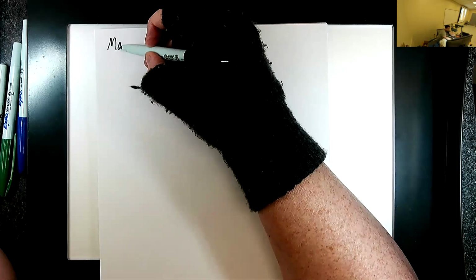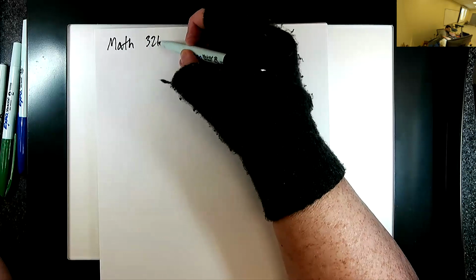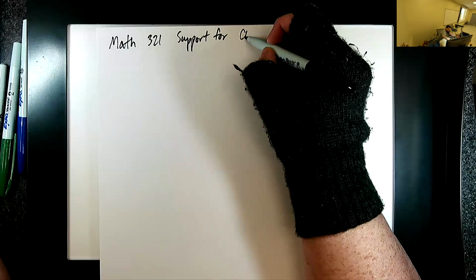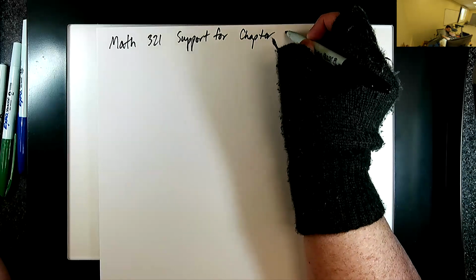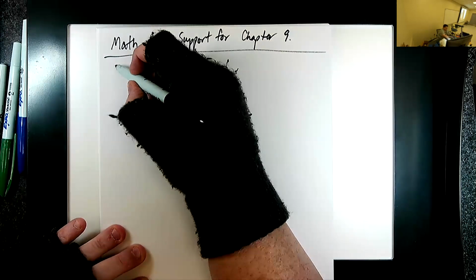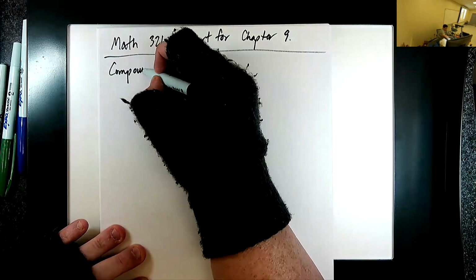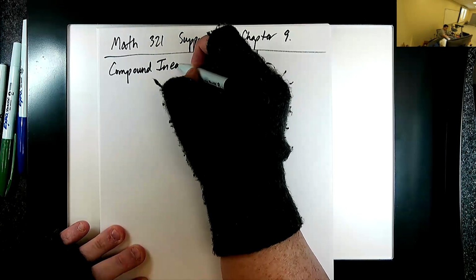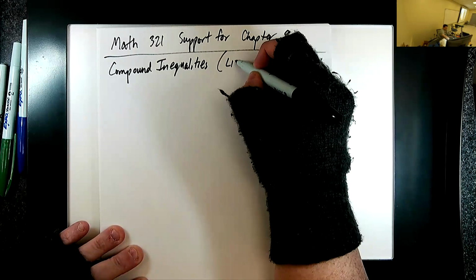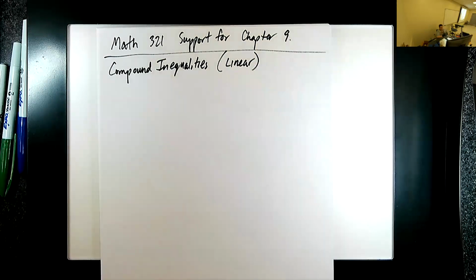But today we got to do support for chapter 9. In this section, it is on compound inequalities. Well, linear inequalities, but still, and compound inequalities. So we've done the inequalities before, where we just had one equation.